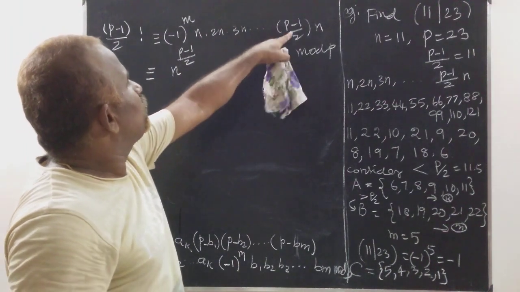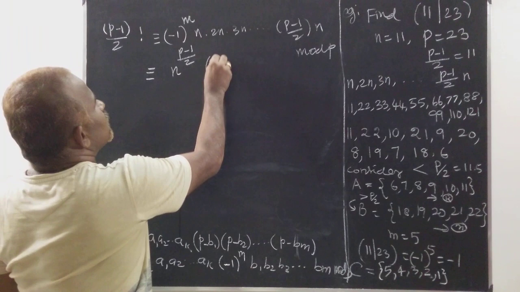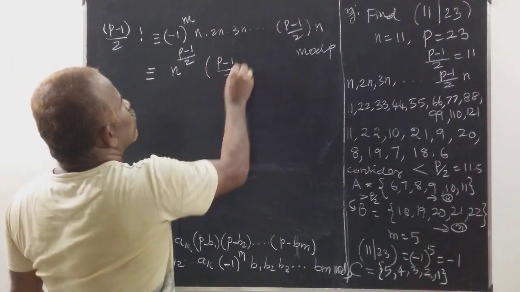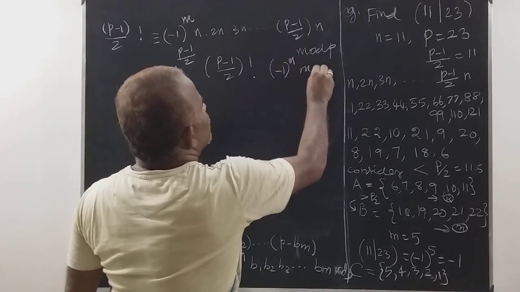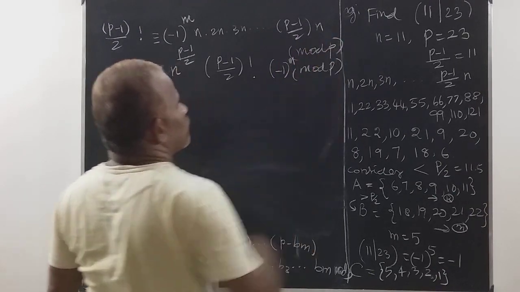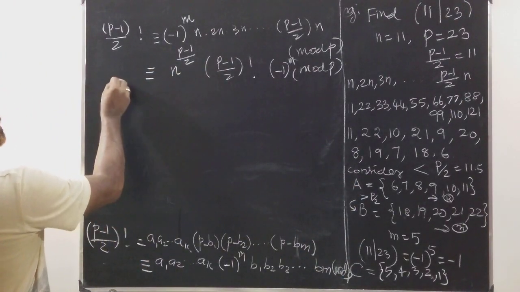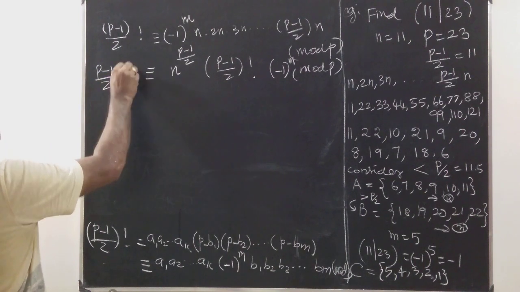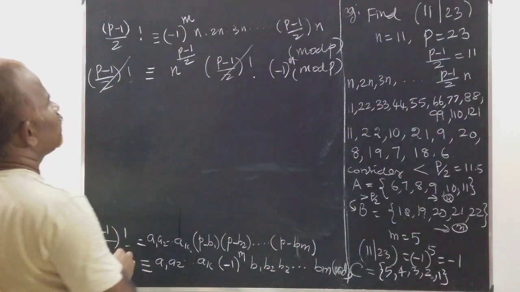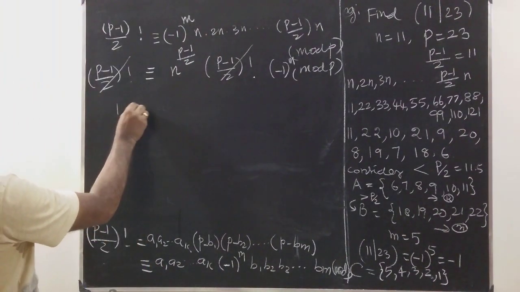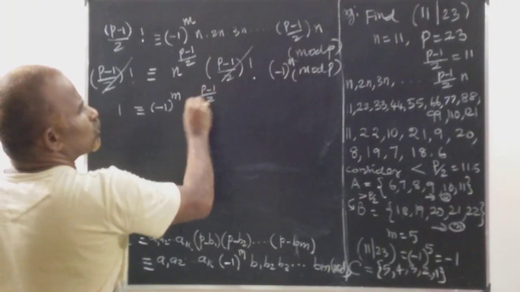Remaining 1 into 2 into 3 into and so on. So this is nothing but ((P minus 1) by 2) factorial into minus 1 power m mod P. Here is ((P minus 1) by 2) factorial, so the factorials will be cancelled. So therefore 1 is congruent to minus 1 power m n power (P minus 1) by 2 mod P.